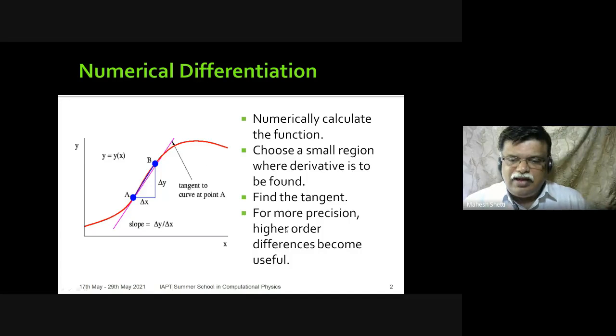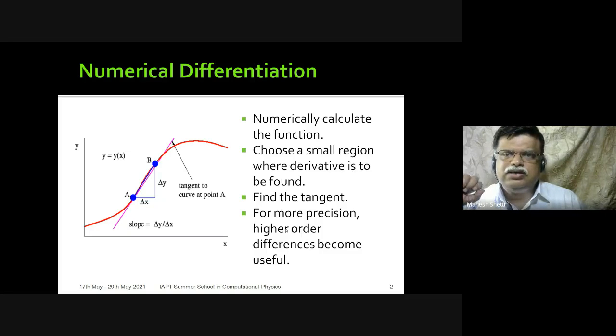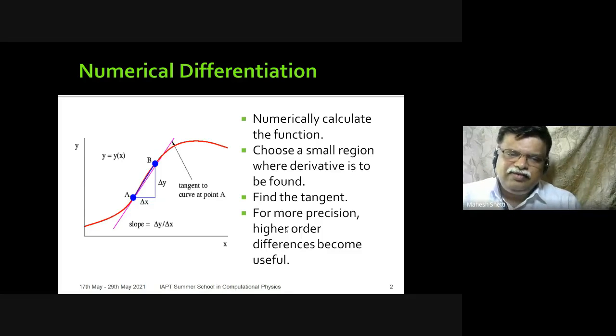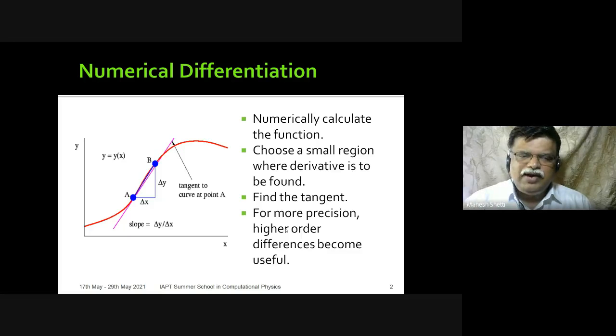For more precise answers with certain techniques, and in numerical integration, you may at times need the higher differences. It means when you write y as a function of x and find the difference delta y, that is the first difference.